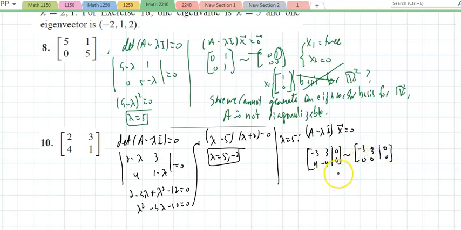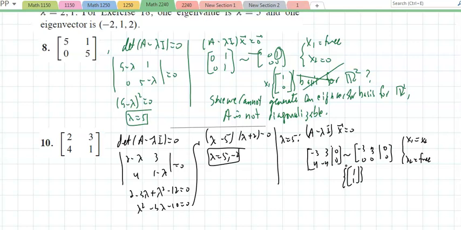That means x1 equals x2, so I'm getting the vector 1, 1, the corresponding vector for lambda equal 5.